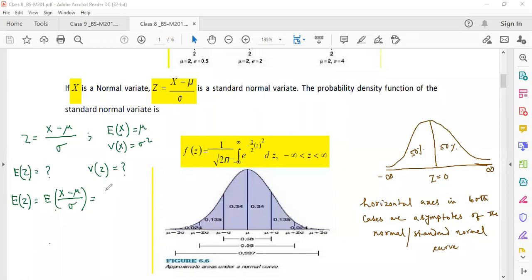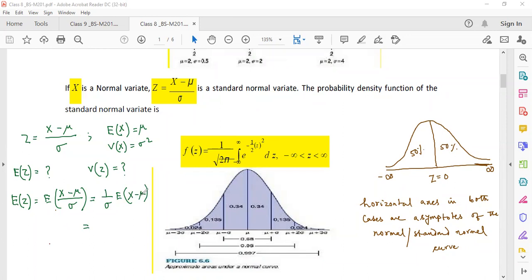Now you know very well that we can take 1 by sigma outside the expectation sign, and we can write it as this, E of X minus mu. What is the meaning of this, E of X minus mu? We can do it in two different ways. We can say that this is the average of deviations of the values taken from mean.